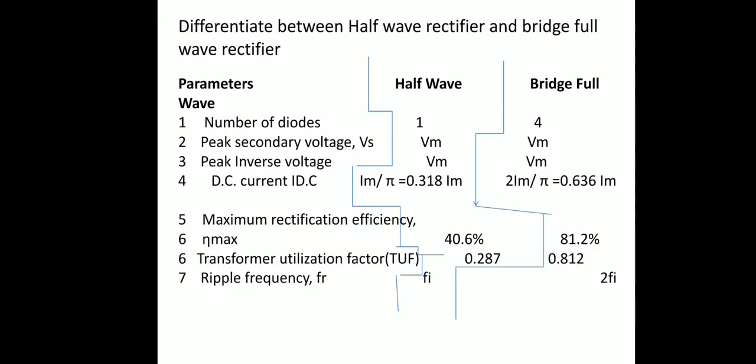So this is the difference between half wave rectifier and full wave rectifier in the form of various parameters like number of diodes, peak secondary voltage, peak inverse voltage, DC current, maximum rectification means the efficiency, transformer utilization factor, and the ripple frequency. So this is the difference between half wave rectifier and full wave bridge rectifier.